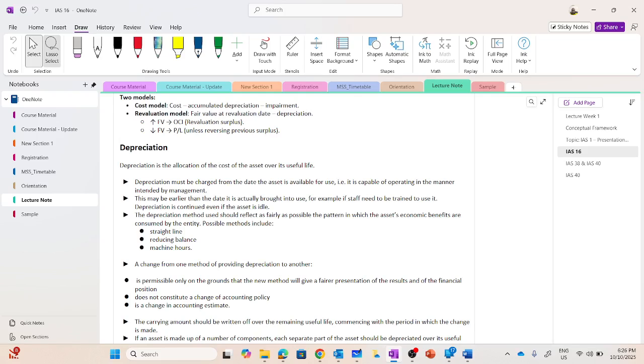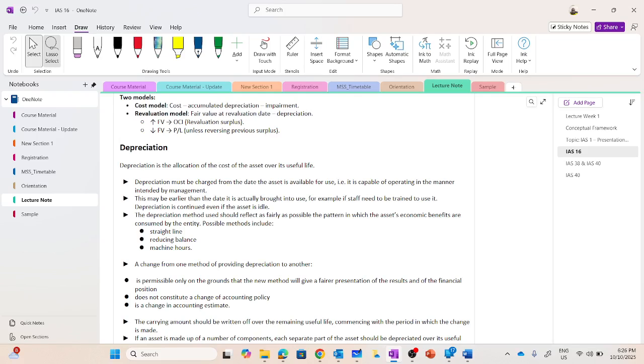The depreciation method used should reflect as fairly as possible the pattern in which the asset's economic benefits are consumed by the entity. So what they are saying is we should not use a depreciation method that does not present fair financial information. Either we overstate the expenses so we can reduce profit for one reason or another, or we reduce our depreciation so we can increase our profit for one reason or another.